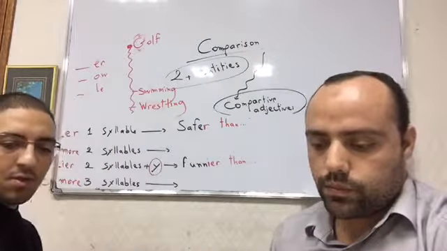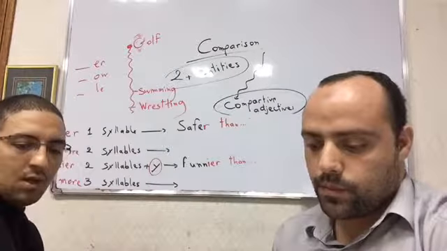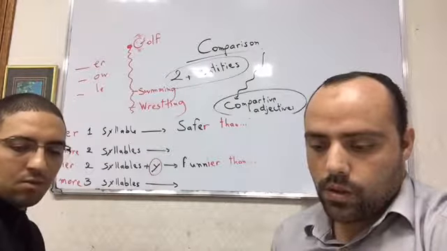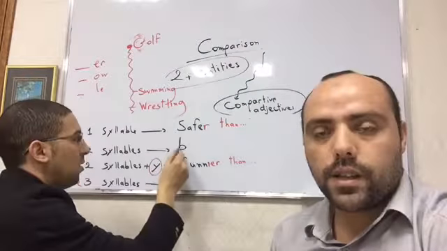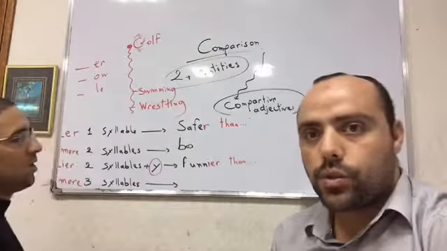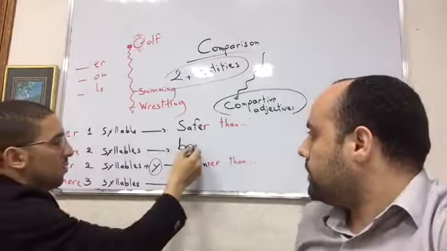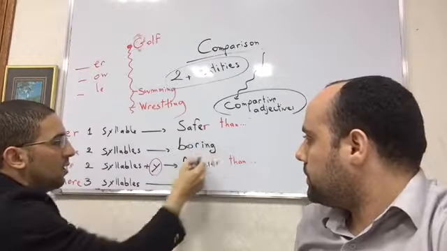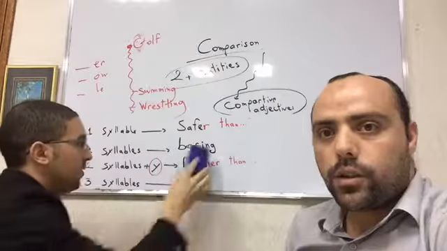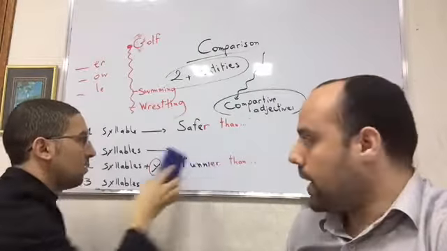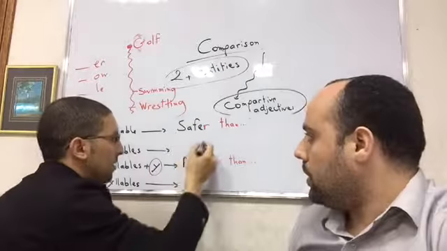And if you have a 2-syllable word, let's give one with 2 syllables here. Let's say, for example, boring. The word boring is an adjective that has 2 syllables: bo-ring. And it does not end with y, so we have to add more before it.